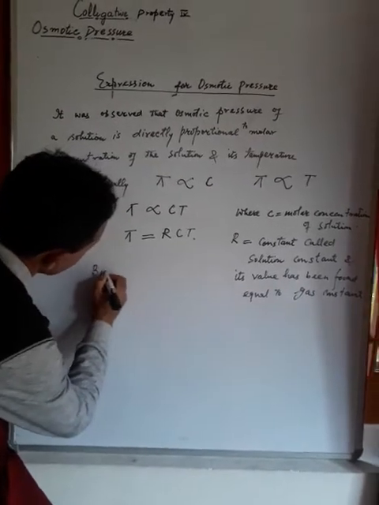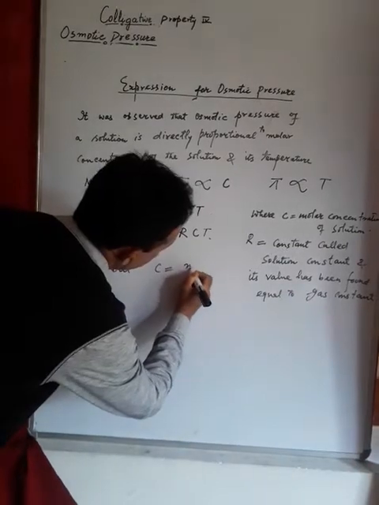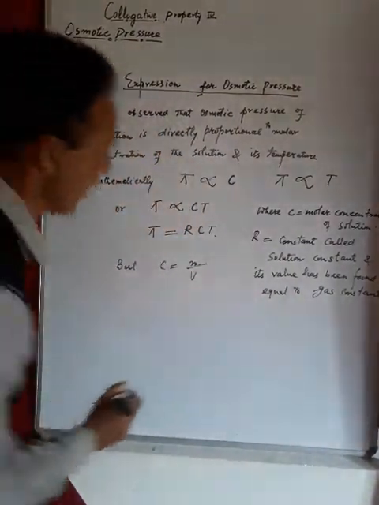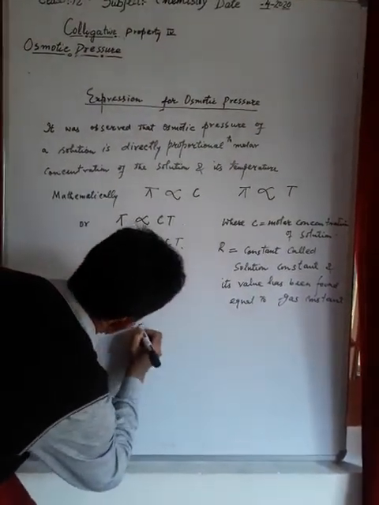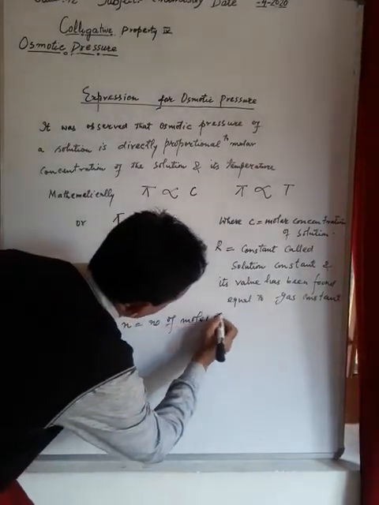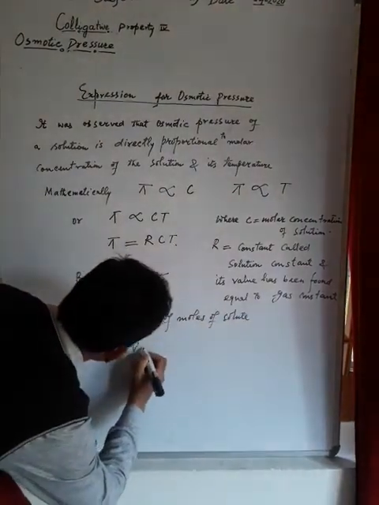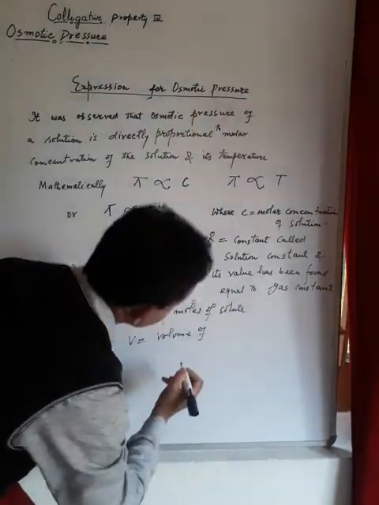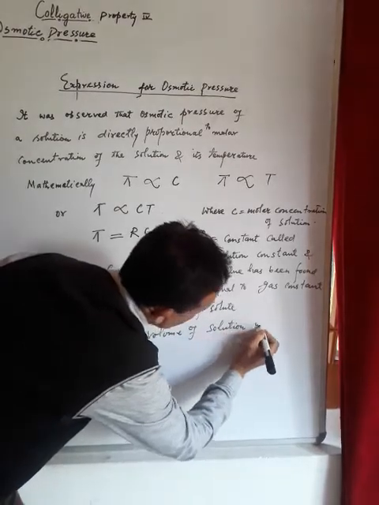But C, the molar concentration, is also equal to n by V, where n is the number of moles of solute and V is the volume of solution in liters.